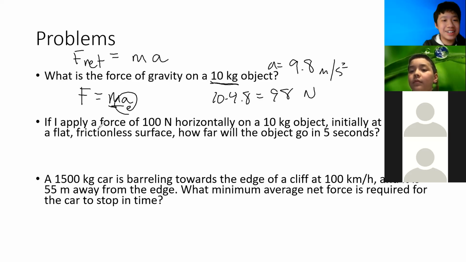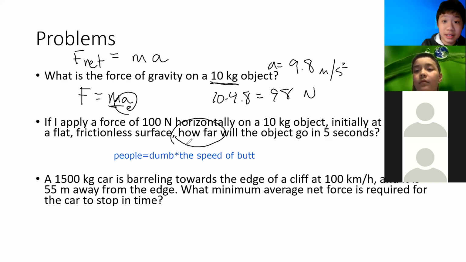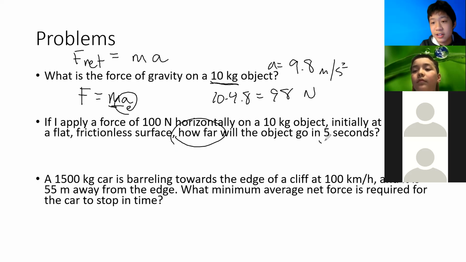All right, so second problem, a little more difficult. If I apply a force of 100 newtons horizontally on a 10 kilogram object, initially at rest on a flat, frictionless surface, how far will the object go in 5 seconds? Okay, so first thing I see here is that I need to find distance, in terms of time. And what other information do we have?